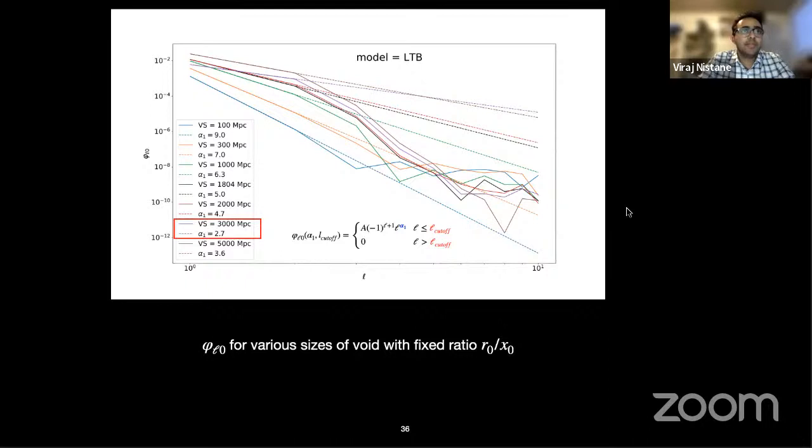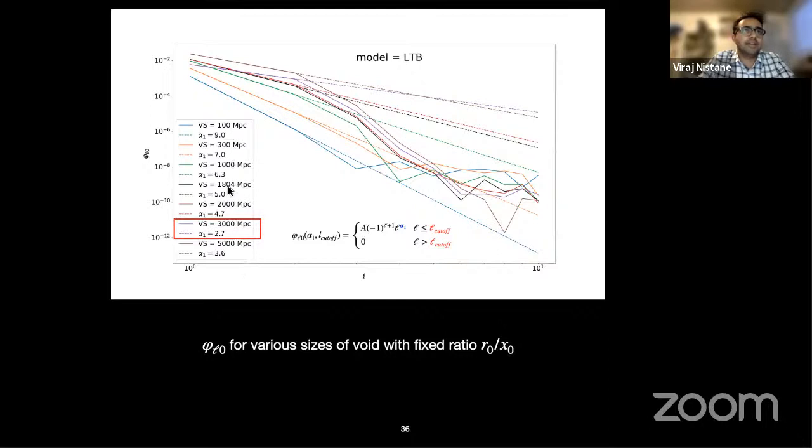One thing to note here is that with increasing void size, the slope alpha 1 also changes, and it changes rather weirdly. At some high value of void size, we have a higher or lower slope than the rest of the values.